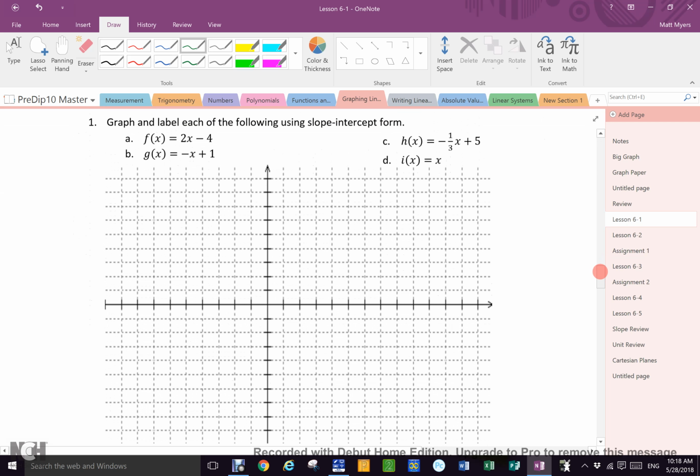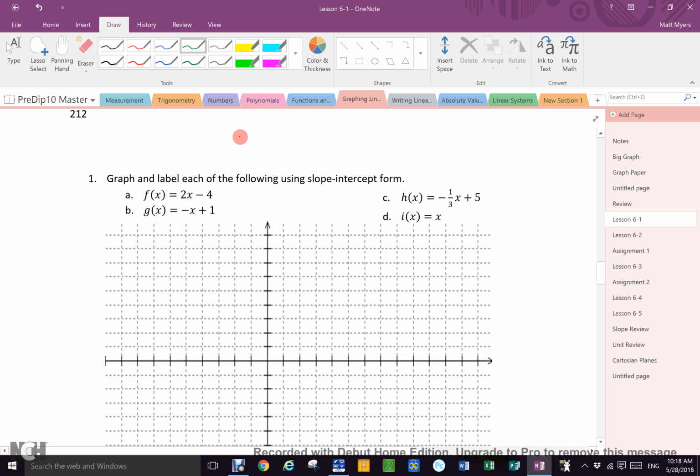Now, tell me, are all of those 4 lines in that form? Yes, you do. Just look at it. Is the output isolated in all of them? No. Who just said no? Wait. Negative X. There's no output.